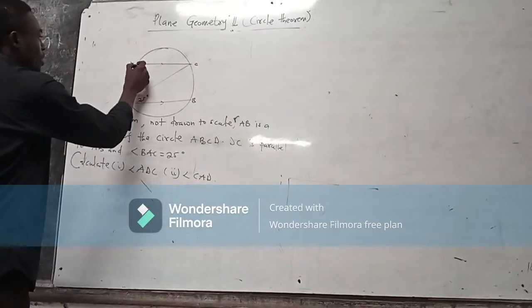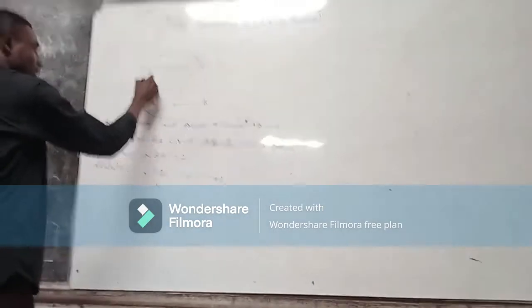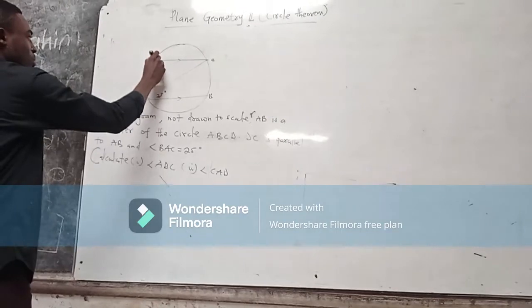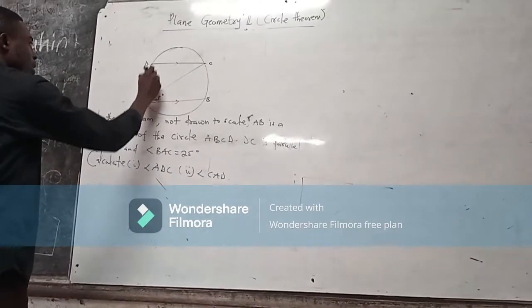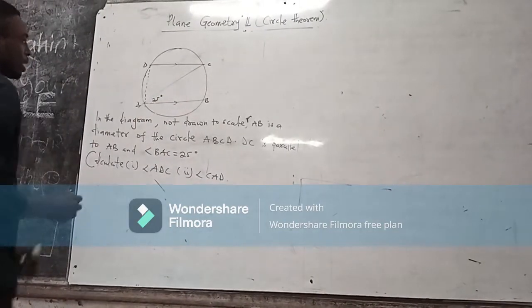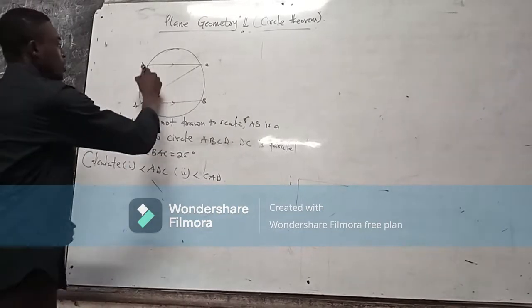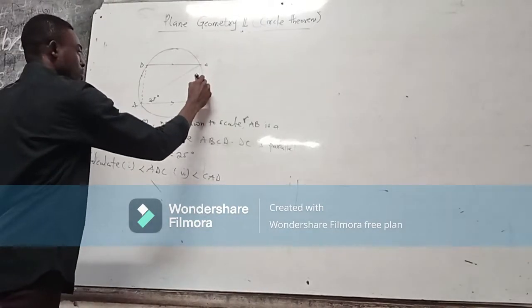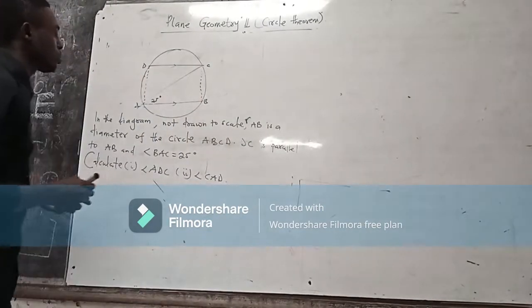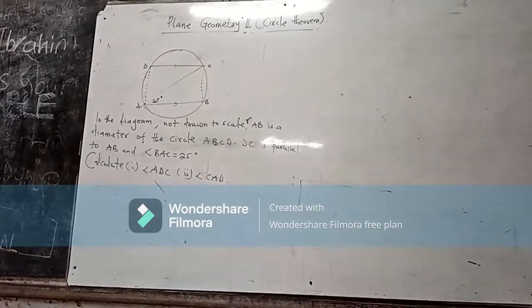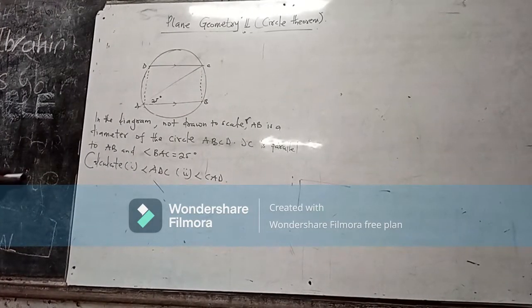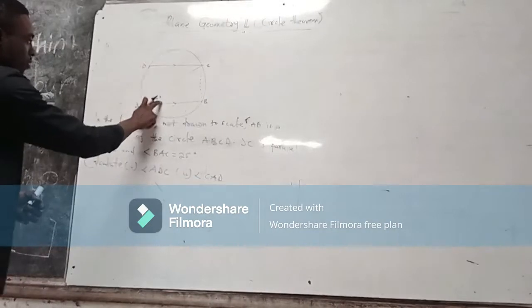So when there's no line, you can't get an angle. So you have to create an imaginary line there. And once we do this, we have to do the same thing on this side also.